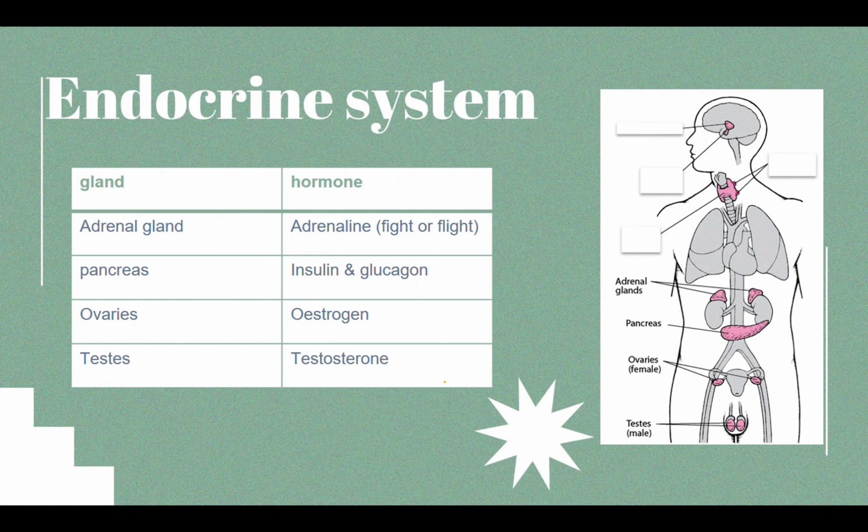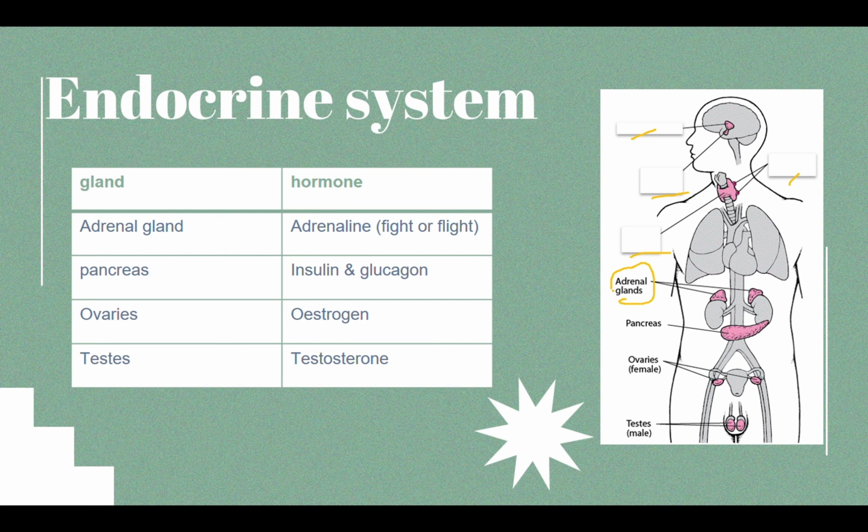So the endocrine system. Here's the structure that you need to know how to label, but I covered certain labels right here because it's not my picture. I got it from the internet, as I didn't find one that served my need. So I covered the ones that you don't need to know, and I kept the ones that you need to know. So we have the adrenal gland.